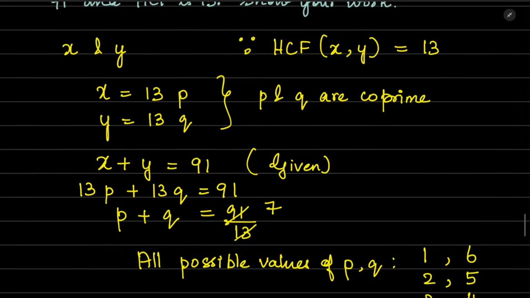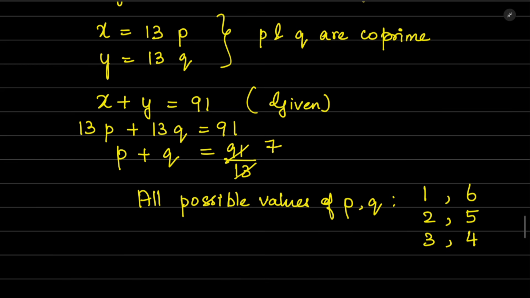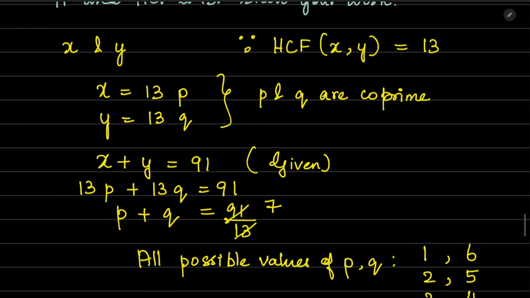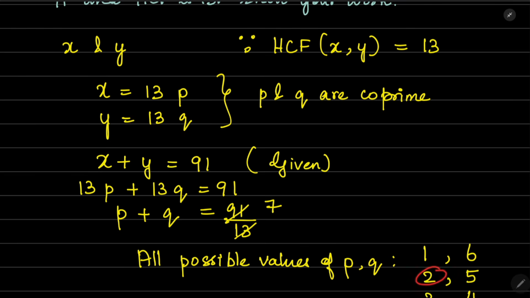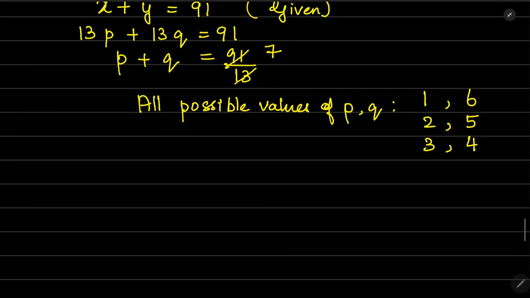Now, considering the values of P and Q which are coprimes, let us calculate all the possible x values when you have P as 1 and Q as 6, when you have P as 2 and Q as 5, when you have P as 3 and Q as 4. Let's calculate that.